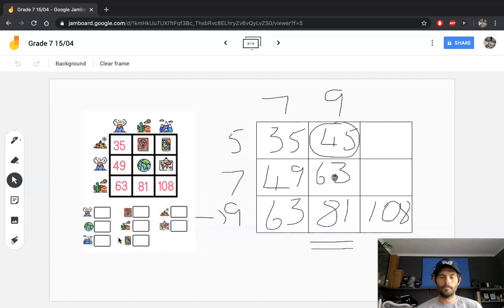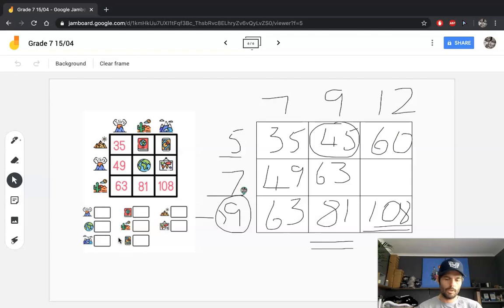Okay, then I said the same 9 over here, what did I multiply that by to get to this 108? Okay, and I knew that that was 12. 9 times 12 is 108, and now it's just a case of multiplying the 5 by the 12 to get to 60, and the 7 by the 12 to get to 84, and I think we're done. Okay.